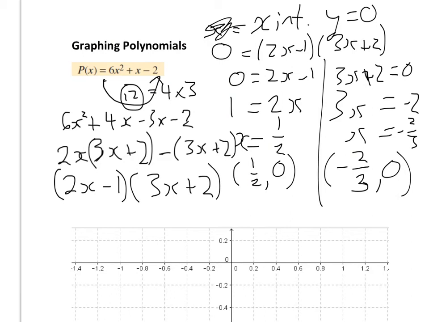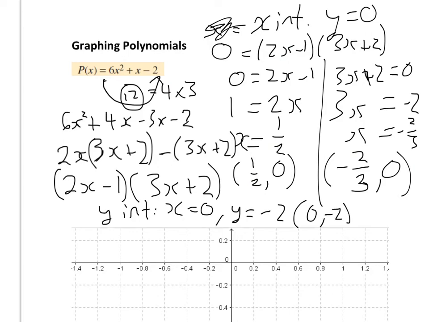Now, I've already done that, and I know that it's okay. The other thing that I should be doing is looking for my y-intercept. Now, the y-intercept occurs when x is equal to 0, and when x is equal to 0, y is going to be minus 2. So it gives me the point 0, minus 2.